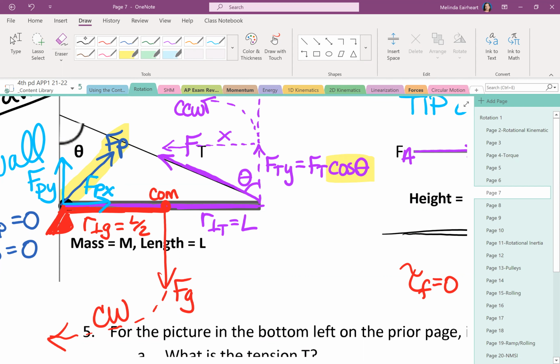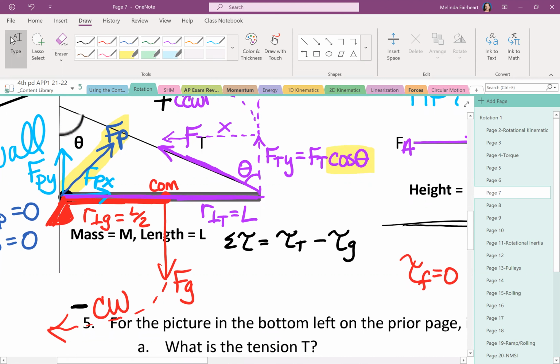All right. Net torque statement. We know who's doing torque. We know what direction. And so I'm going to make my positive the counterclockwise, and the clockwise negative. Just go with the standard unless there's a reason not to. And so net torque is the torque of tension minus the torque of gravity. Plug in my forces and lever arms.